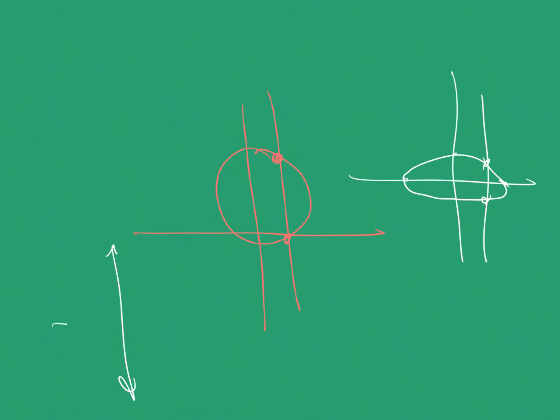Parabolas that are y squared instead of x squared look like that. They don't pass the vertical line test. So most of the conic sections are not going to pass the vertical line test, and therefore are not functions without some sort of domain restriction.